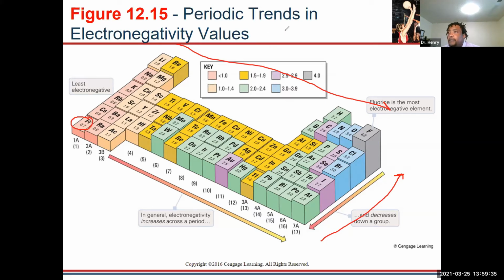So if the value is less than or equal to 0.4, this is going to be nonpolar.